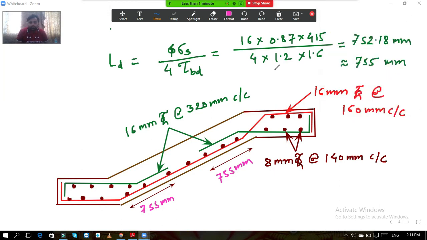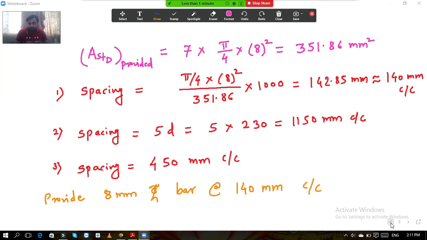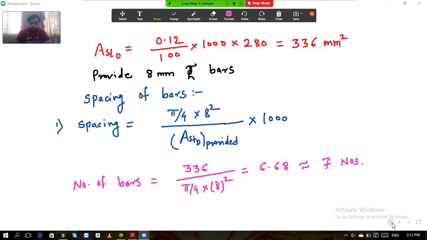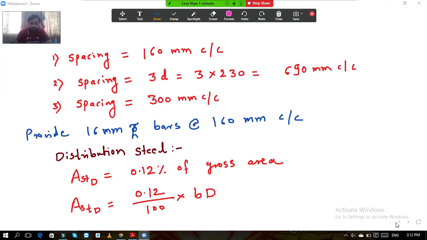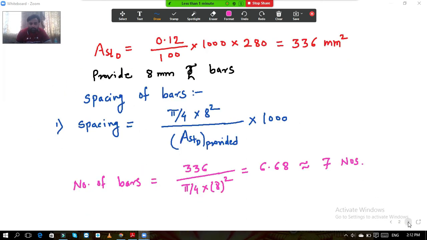So now moving to the next point. Now if you see here, from this point today we started from distribution steel. We have calculated the area of distribution steel, then the distribution steel provided, and we have calculated the spacing of those bars. Again, you know the formula for spacing.